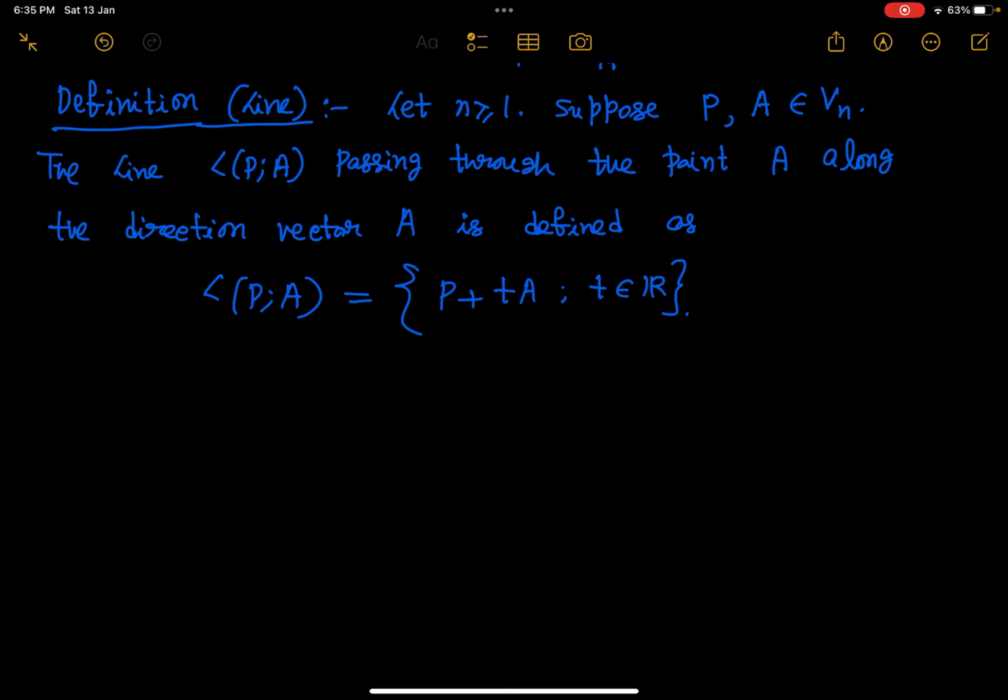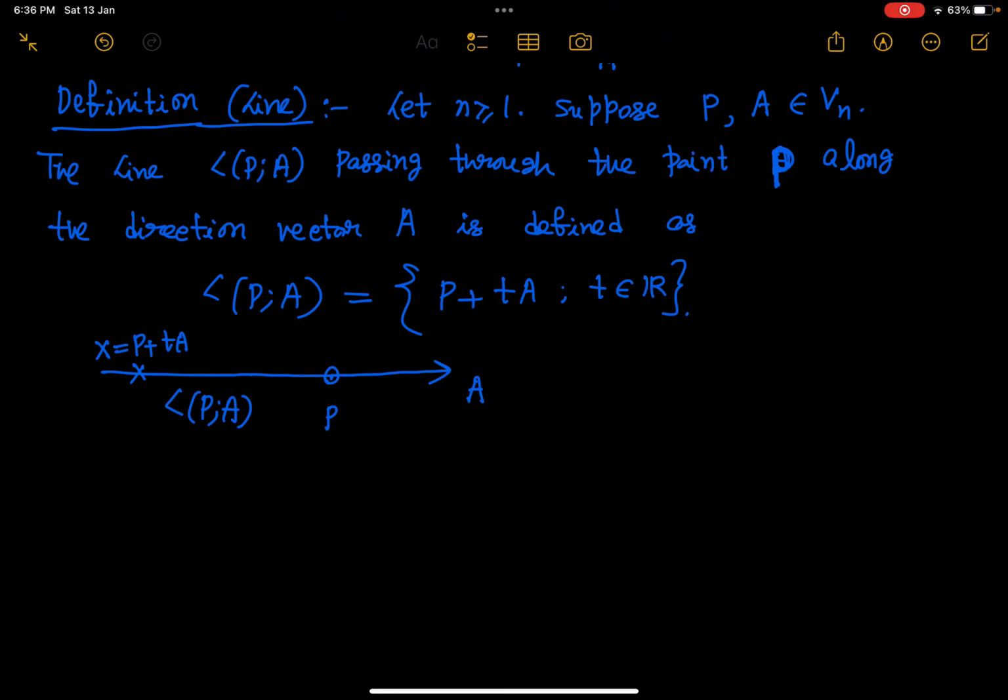So it passes through P along the direction of the vector A. So this point is somewhere here, suppose this is the line, and this is the direction A, and this is the point P. It passes through P along the direction of A, and if you take any arbitrary point X, it will look like P plus tA for some t in the set of real numbers.